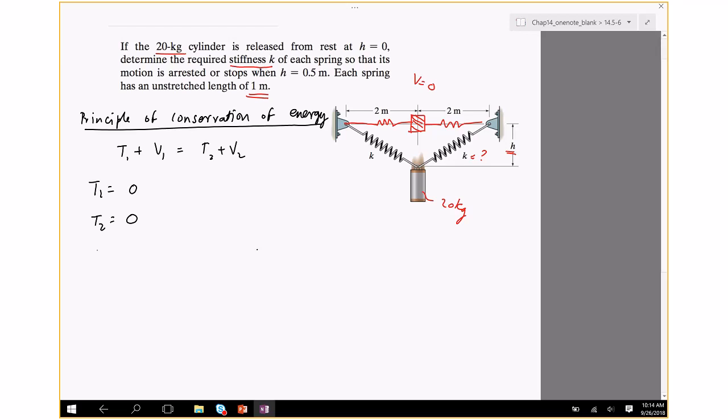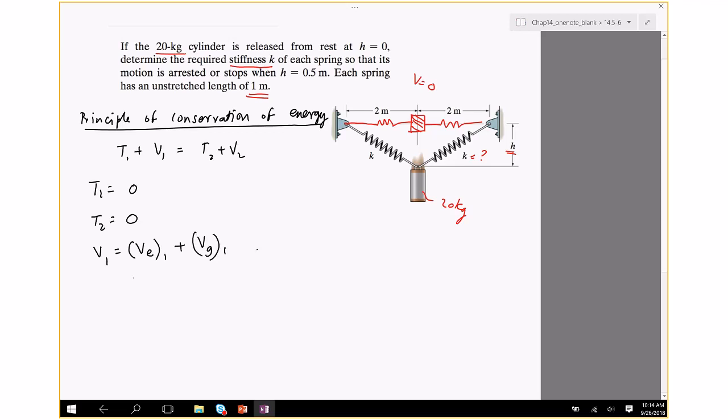Okay, let's write the initial potential energy. Now, this thing moves under gravity and due to the effect of a spring, so we need to account for both those potentials. So this is given by two terms, VE1, the spring energy in position 1, and VG1.